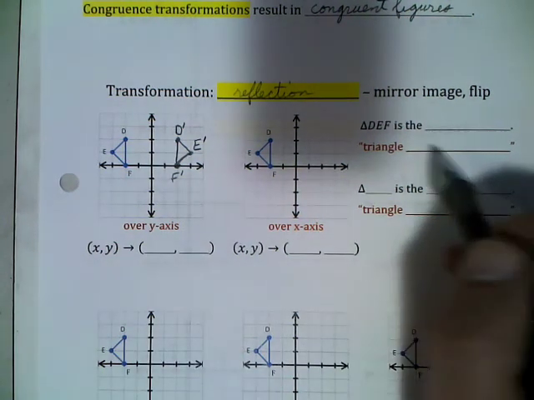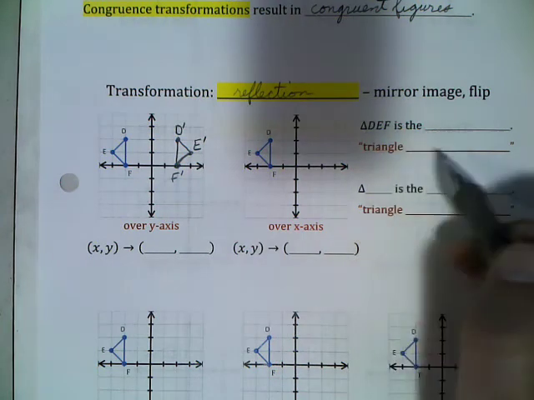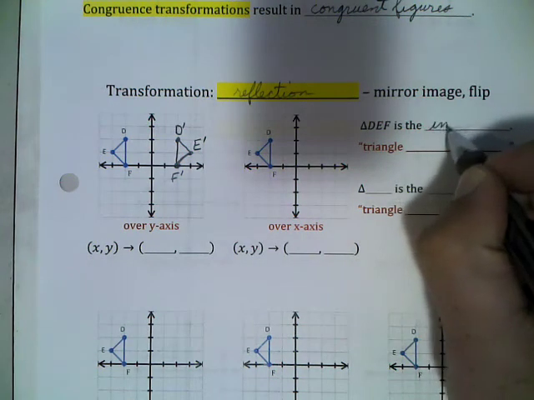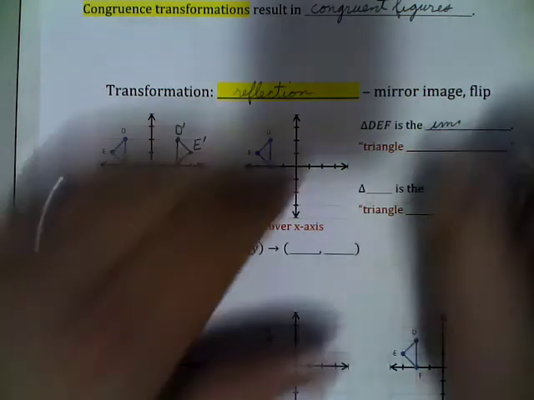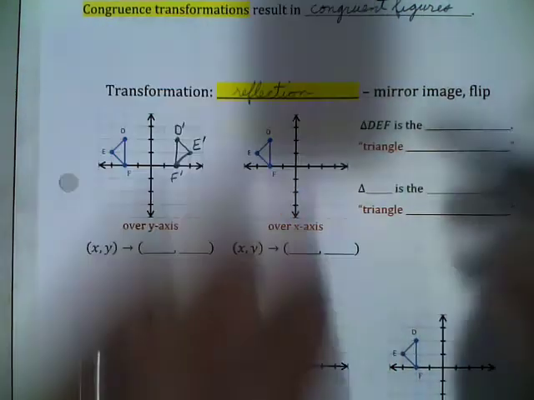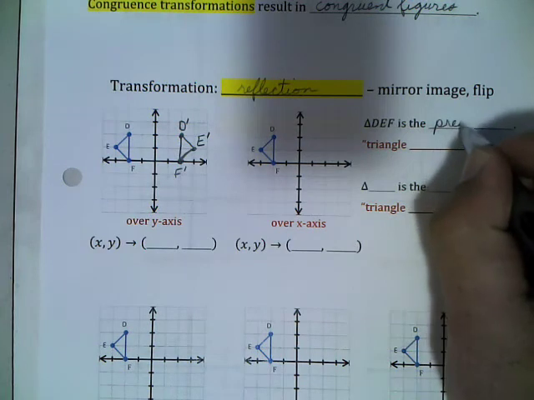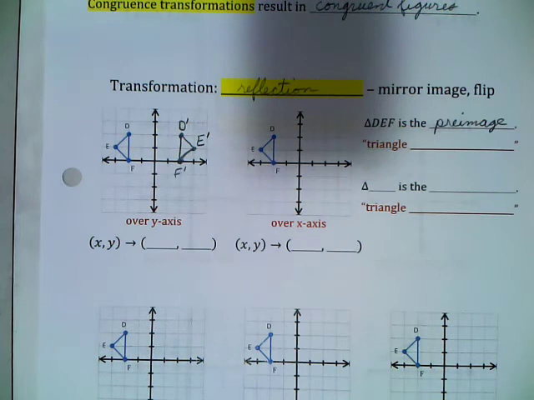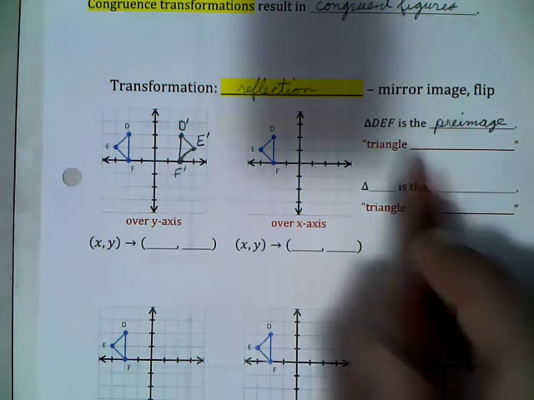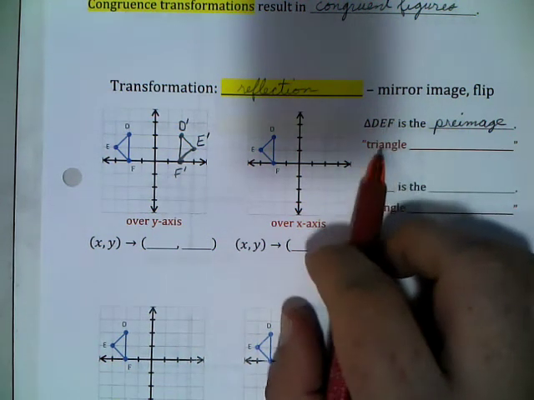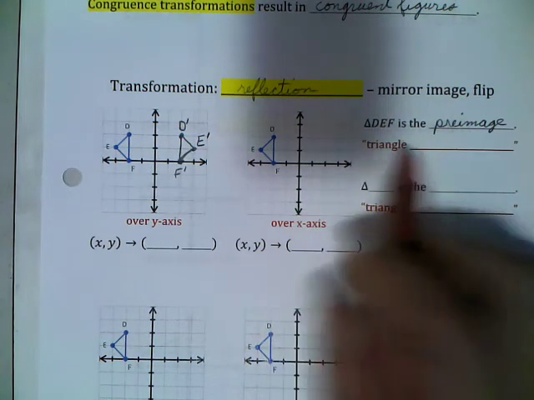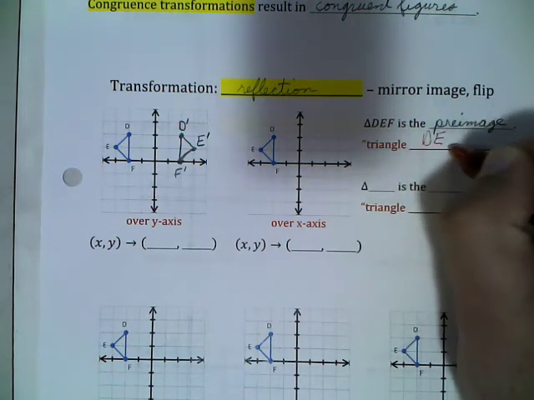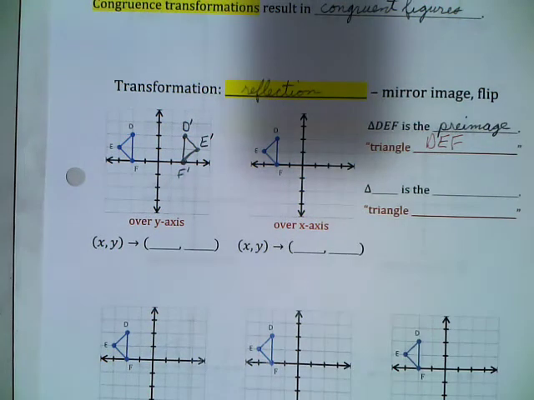So real quick over here, triangle DEF is what is called the pre-image. So the prefix pre means before, so this is before we've done our transformation. And so we would read this right here as triangle, we have the triangle symbol there, so triangle DEF, just like it says DEF.